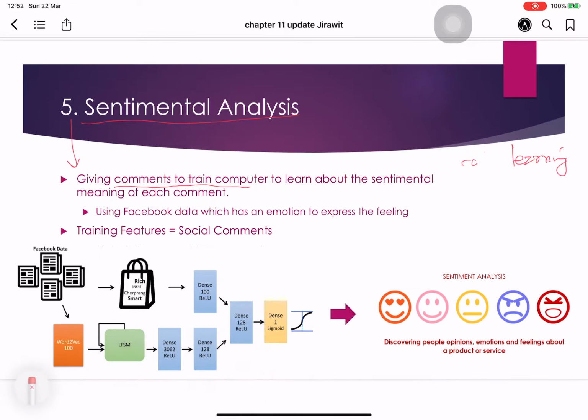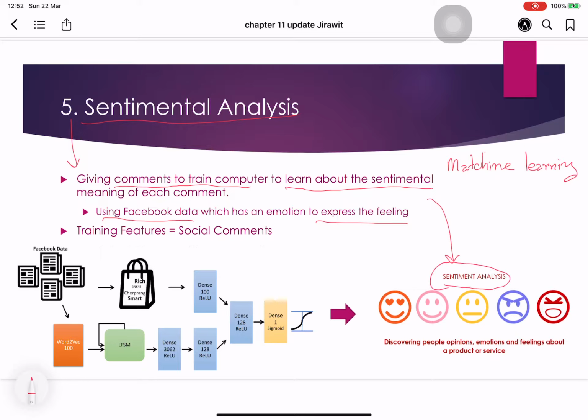I think I'm going to write in good handwriting. Machine learning trains the computer to learn about sentimental meaning. You may use Facebook data with emotions to express feeling, right? Sentimental analysis.